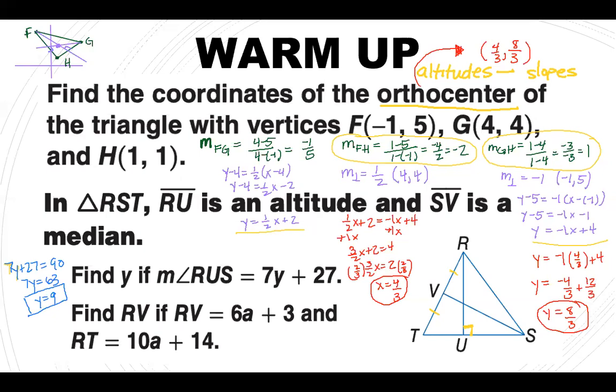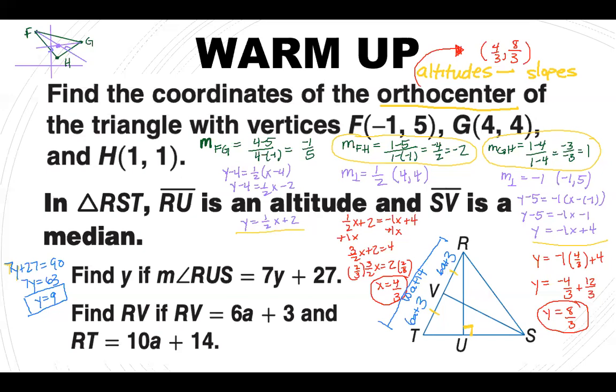And then it says find RV if RV is equal to 6a plus 3. So that means that this is 6a plus 3. And RT is equal to 10a plus 14. So that means that this whole thing is 10a plus 14. But we know these two sections are equal. So that means that this is also equal to 6a plus 3.